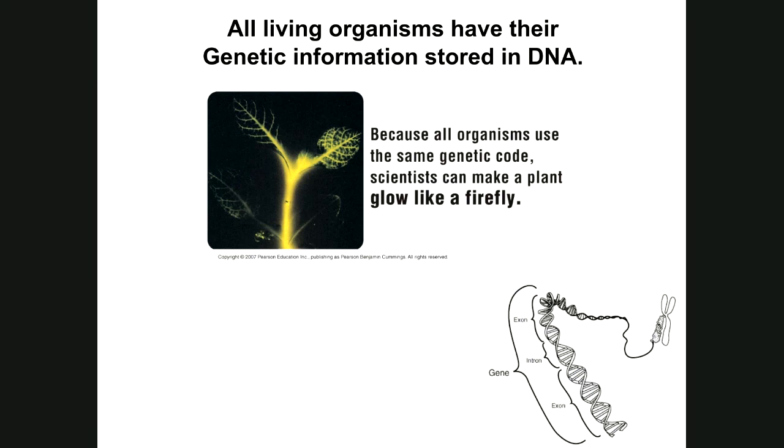Okay. If you recall, I said all living organisms have their genetic information stored in the form of DNA. And because of that, scientists realized that not only do parents pass on traits to offspring through this compound DNA, but they could manipulate organisms, creating GMOs, genetically modified organisms, either at the unicellular level or at the multicellular level, simply by, in one species, locating, say, a gene of interest, extracting and isolating that gene, and inserting it into a completely different species, thus transforming that different species' genotype and therefore its phenotype.